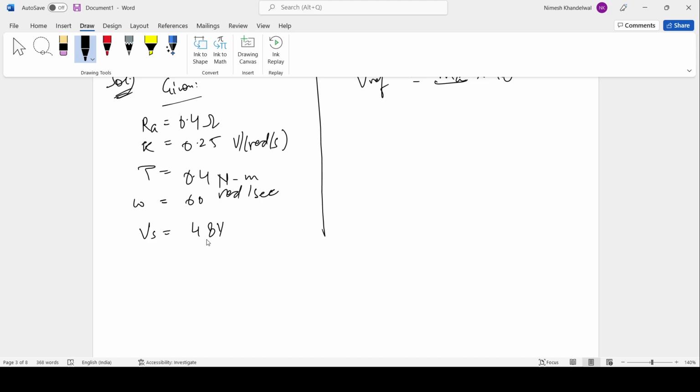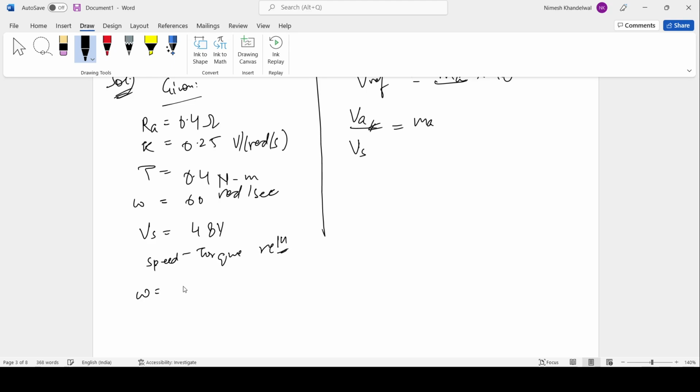And how do you calculate the modulation index? If I have my armature voltage and I divide it by my source voltage, I get the modulation index. No problems there. Okay, and how do I calculate my armature voltage? I know from the last two questions that I write the speed torque relation of the motor.